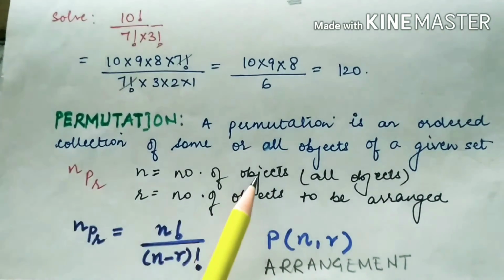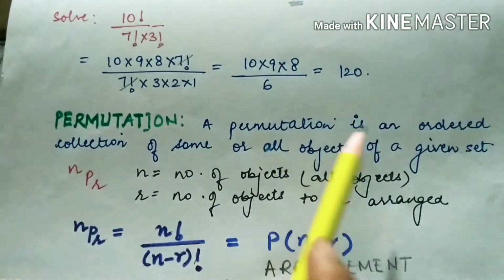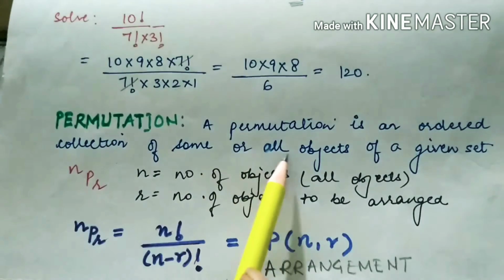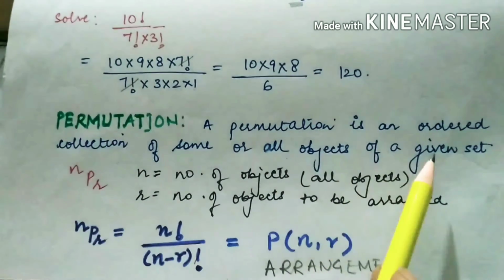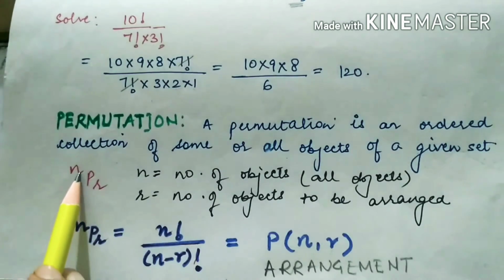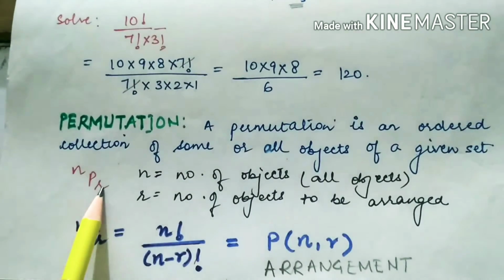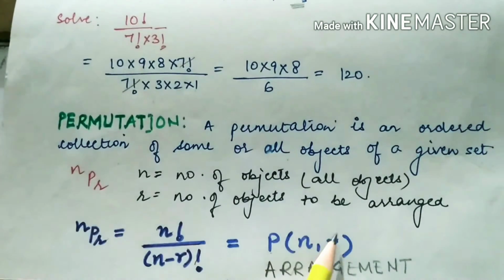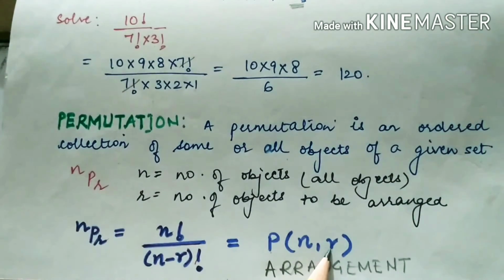How do we define it? A permutation is an ordered collection of some or all objects of a given set. It is represented by nPr, or it is also represented by P in bracket n and r.